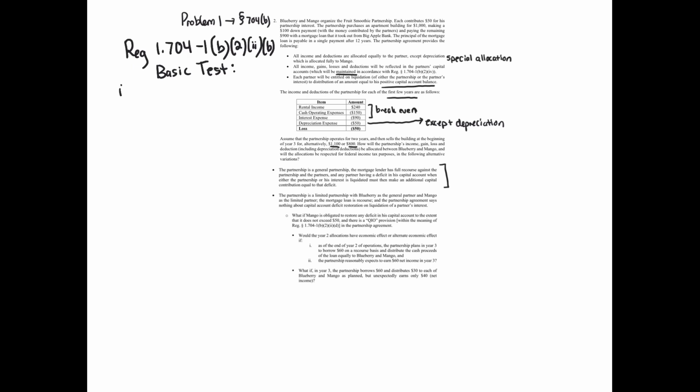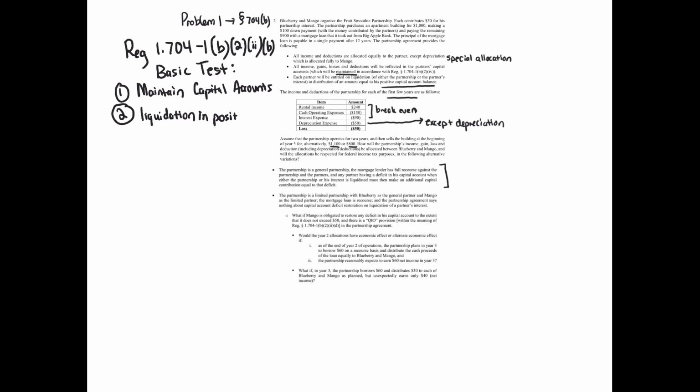Remember the basic test? We look at, do we maintain positive capital account balances? Yes, we do. We're told that we maintain capital accounts under the regs. Reg 1.704-1(b)(2)(iv). The second is the liquidation requirement: we liquidate in accordance with positive capital account balances.